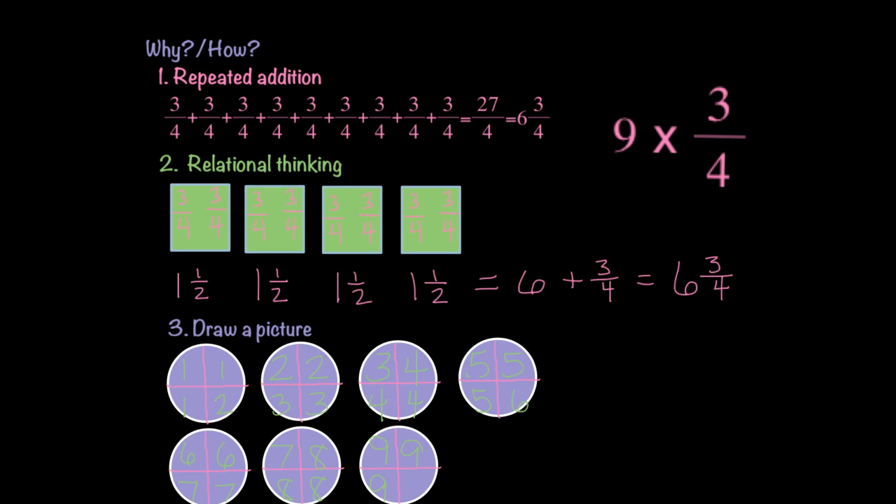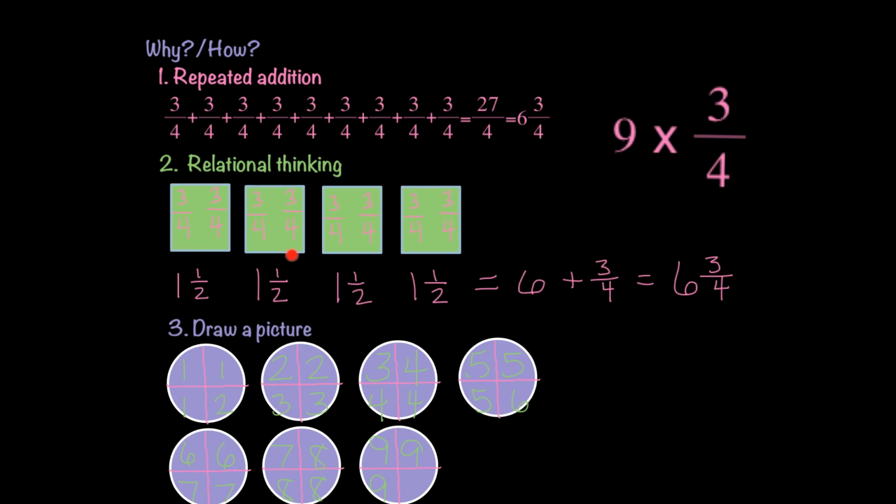Now, number 2 talks about relational thinking. And that's basically relating what you know, okay? So if I were going to take the fraction 3/4 and put 2 of them together, which is what I have here in this box, I know that 2 of those is equal to 1 1/2. 4 of those is equal to the whole number 3.